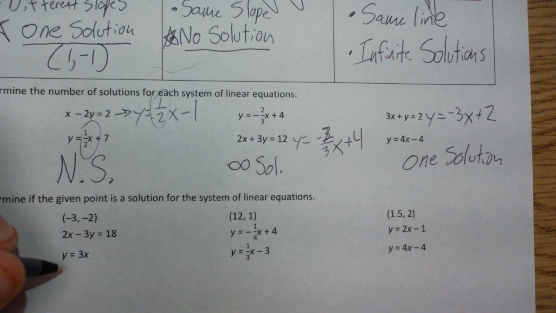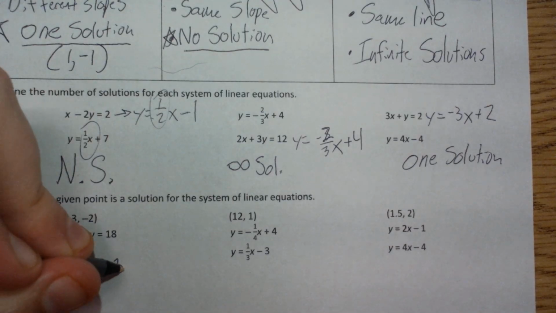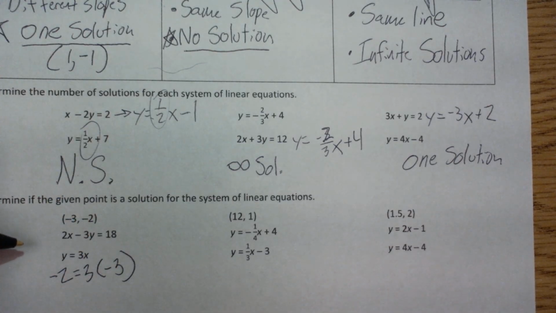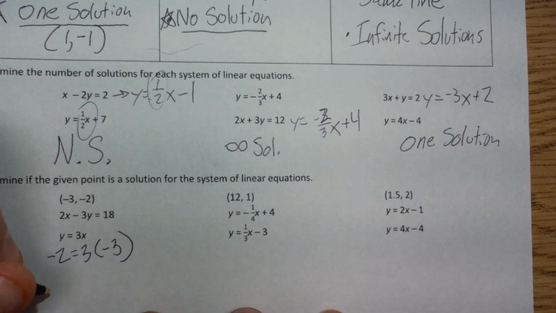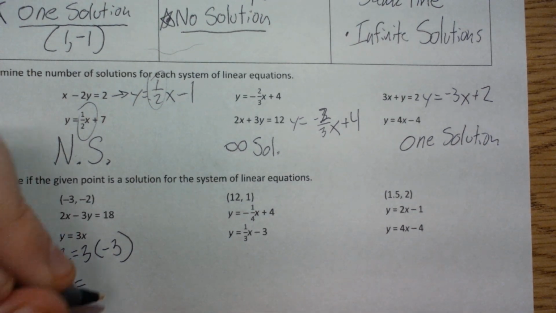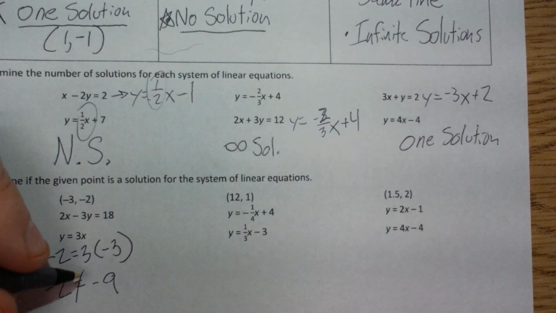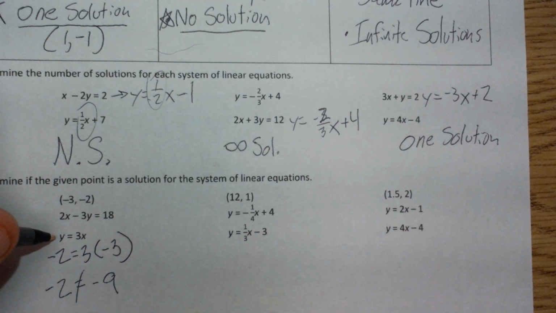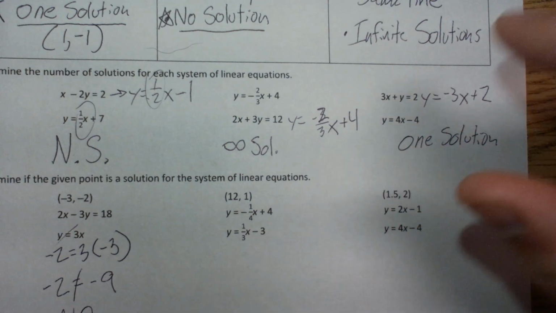So let's try plugging this into the negative 2y equals 3 times negative 3. I plugged in negative 2 for the y value, negative 3 for the x value, and I get negative 2 equals negative 9, which is false. So it doesn't match up to this line, and we don't even have to check the other one. We'll just say, no, it doesn't work.